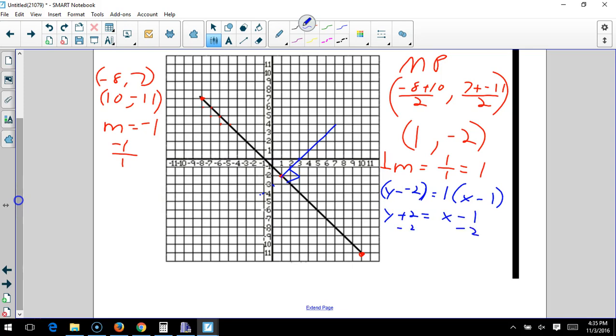Subtract 2 from both sides. y equals x minus 3. And if we look at this and continue through, where would it hit? Right there, negative 3. So that proves that is the equation of that perpendicular bisector. And if we want to prove it even more, we could take this point here and this point and do the distance formula, and then do the distance formula on this one.